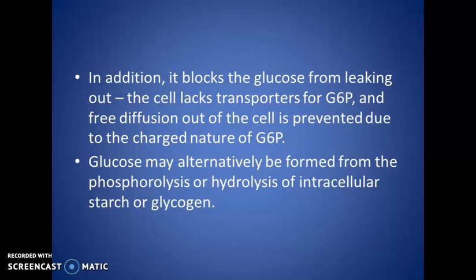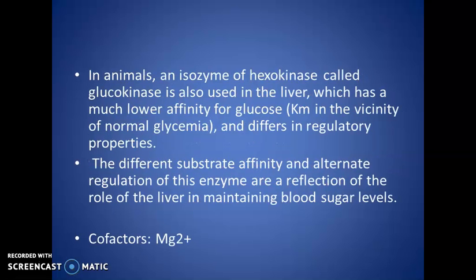Glucose may alternatively be formed from the phosphorolysis or hydrolysis of intracellular starch or glycogen. In animals, an isoenzyme of hexokinase called glucokinase is also used in the liver, which has low affinity for glucose, that means a Km value in the vicinity of normal glycemia, and differs in regulatory properties.